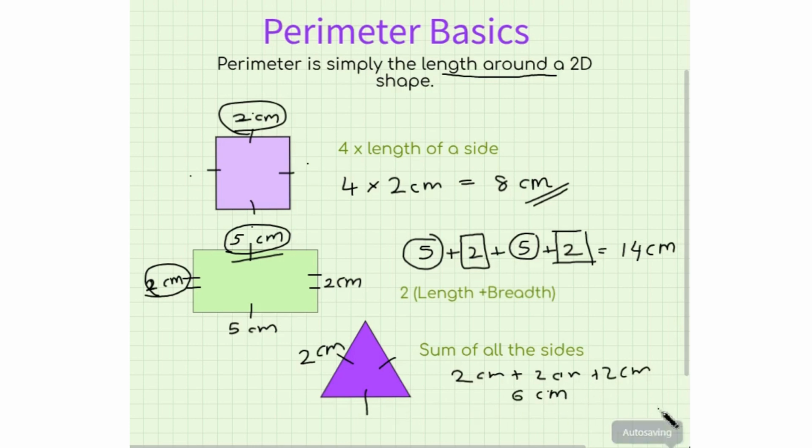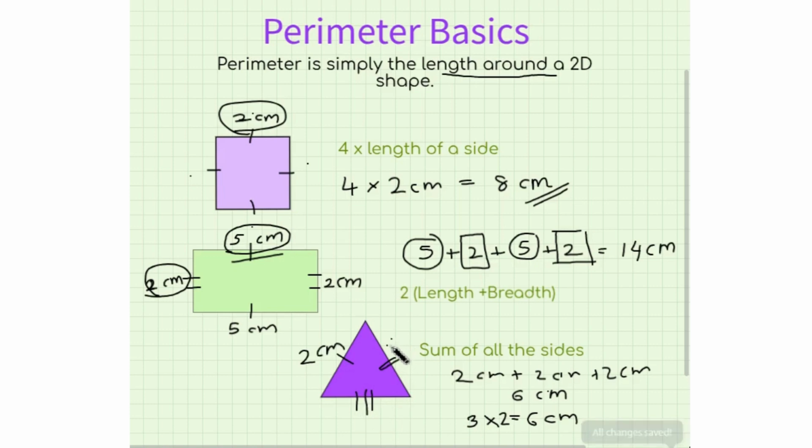So the easier way to do that would be 3 times 2, because we have 3 sides and one side is 2 centimeters. Again, that would be 6 centimeters. Now you can do this only if all the sides are equal in the triangle. Okay, now let's say this is not an equilateral triangle and we have 3 different lengths.